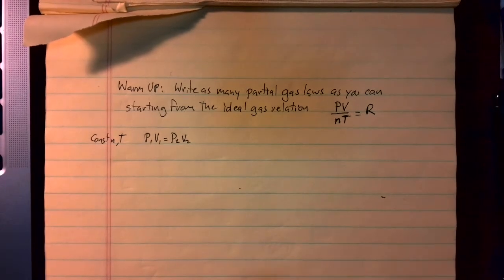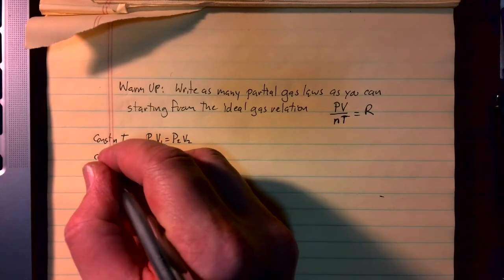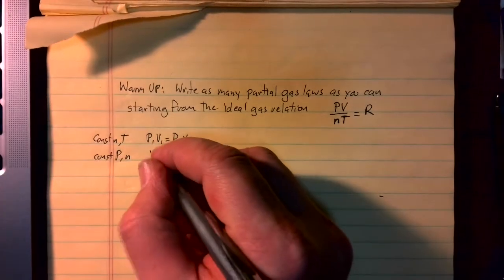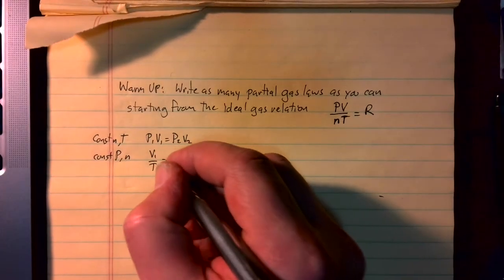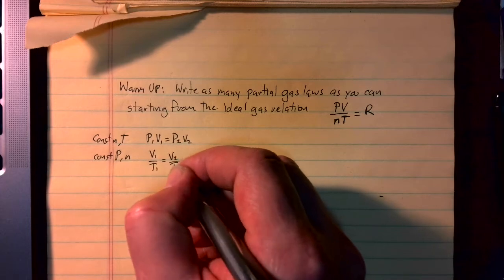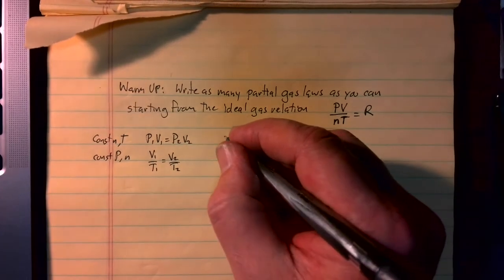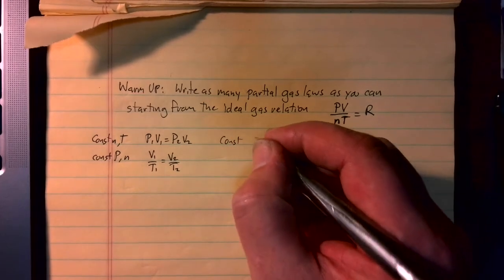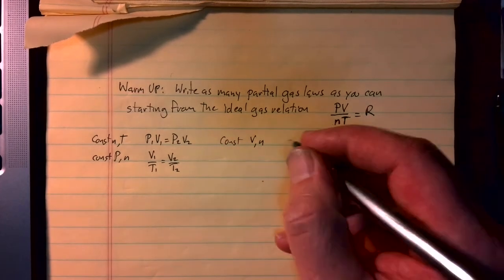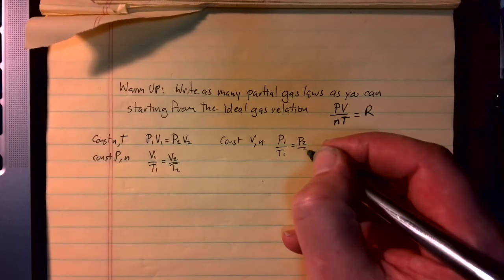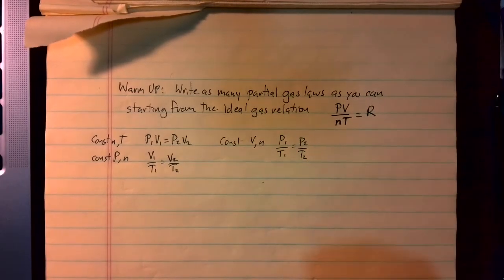Once somebody got that, then you guys were pretty much off and running, and you realized that you could have, say, constant P and n, and you would get V1 over T1 equals V2 over T2, which would be Charles's law. You could have constant V and n, and you could have P1 over T1 equals P2 over T2, or Gay-Lussac's law.